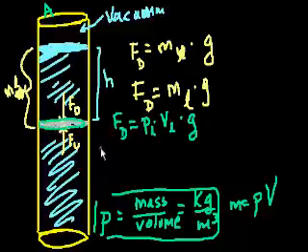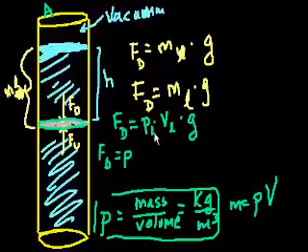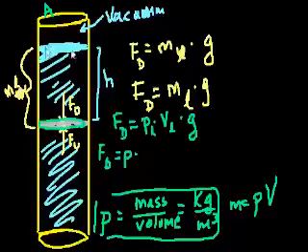So we could write that the downward force is equal to the density of the fluid. I'll stop writing the L or the F. The density of this liquid times the volume of the liquid. And the volume of the liquid is just the height times the area of the liquid. So that is just times the height times the area, and then times gravity.